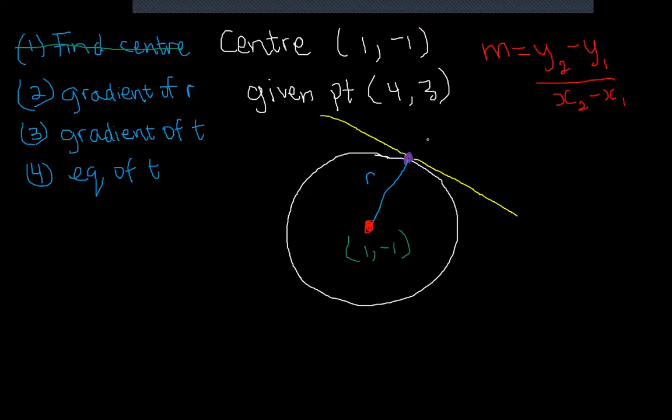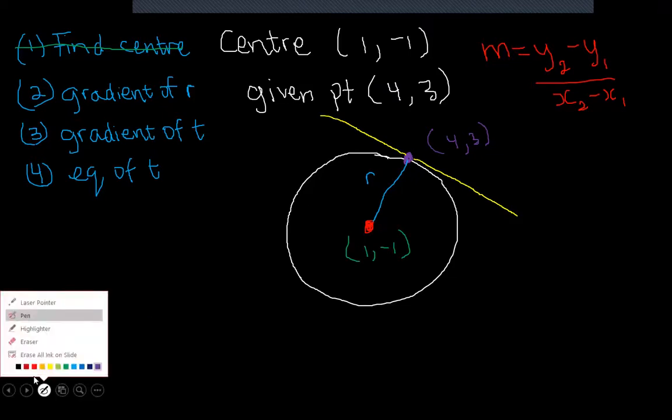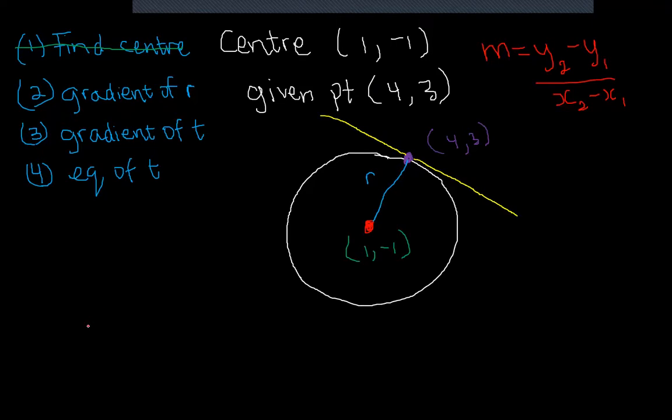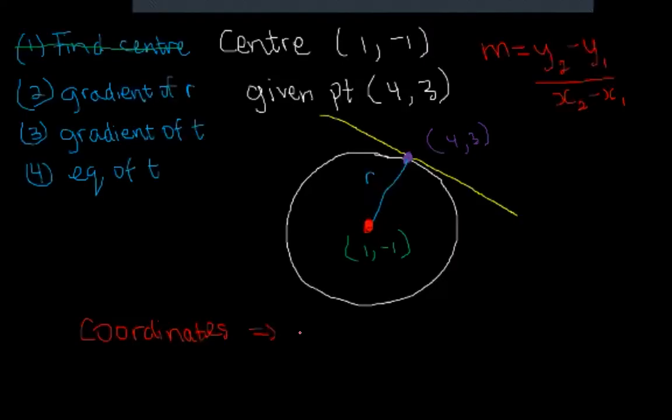So this purple point here. We need to identify what is x1, y1, what is x2, y2. What you need to remember from a previous class: all coordinates are in the form x, comma, y. So I have my x value here, and then I will have my y value here.